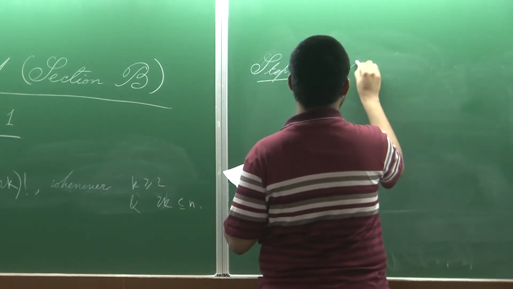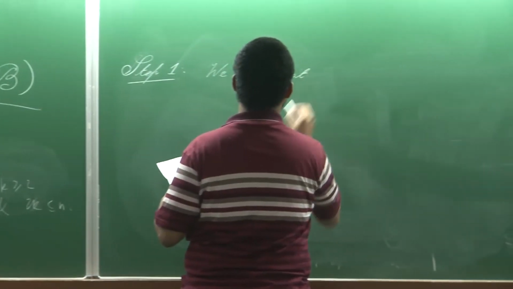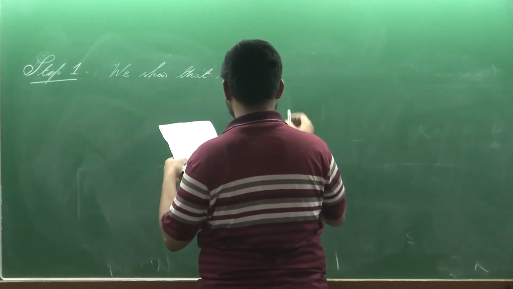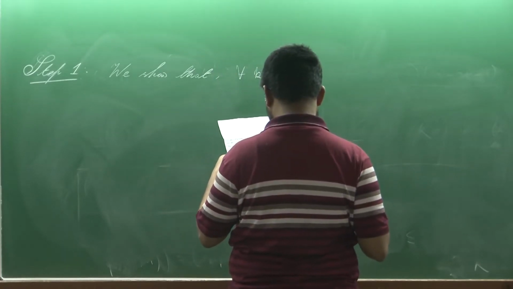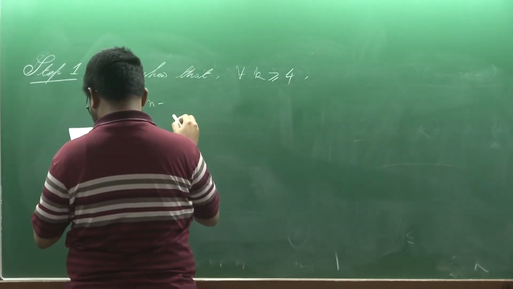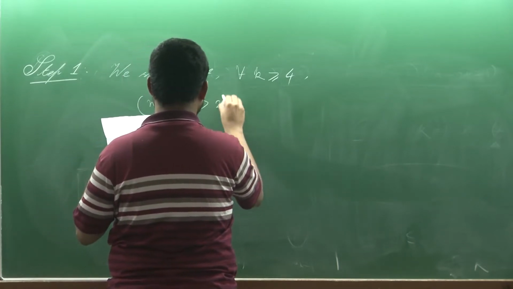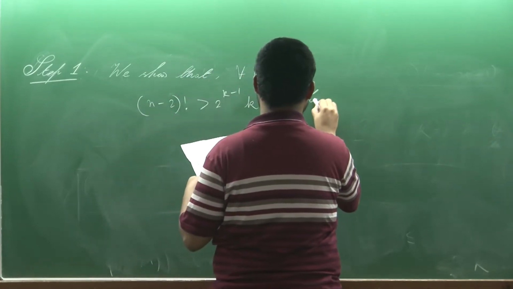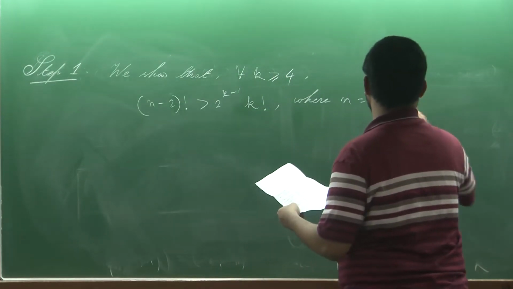In step 1 we show that for every k greater or equal to 4, we have (n minus 2) factorial greater than 2 to the power k minus 1 into k factorial, where n is 2k. Since n has to be greater or equal to 8 actually.